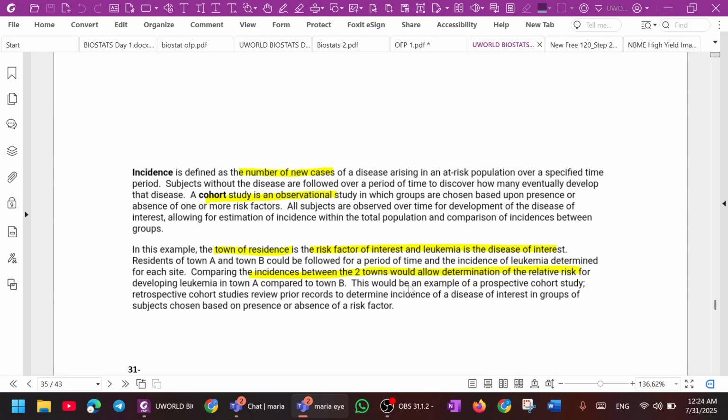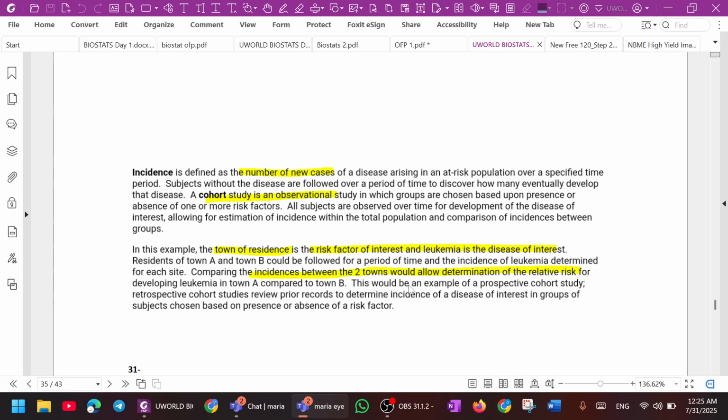A cohort study is an observational study in which the groups are chosen based upon presence or absence of one or more risk factors. All subjects are observed over time for development of the disease of interest, allowing the estimation of incidence within the total population and comparison of incidence between groups.